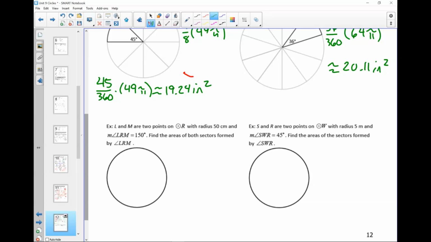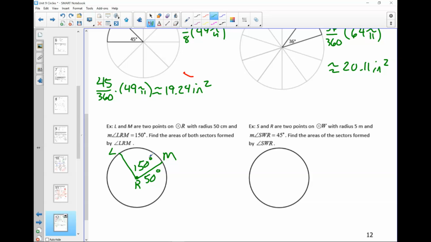Okay. Example, L and M are 2 points on the circle R. So here's circle R, here's L, here's M. The radius is 50 centimeters. Don't worry about how accurate your drawing is. This looks like a right angle, but it'll work. This angle here is 150 degrees.